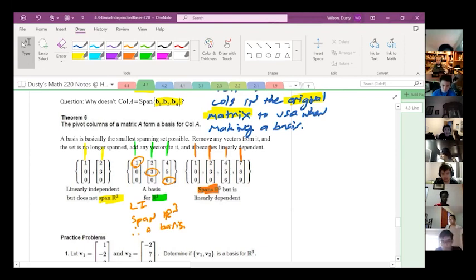We had this crazy theorem, it had an awkward proof, but basically the point was that if we have some extra vectors, we can just chuck them out. If we have too many vectors, we just reorder them and chuck out all the extra ones until we have the smallest spanning set possible, and that will be our basis.